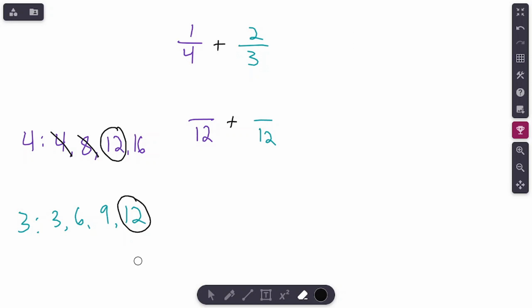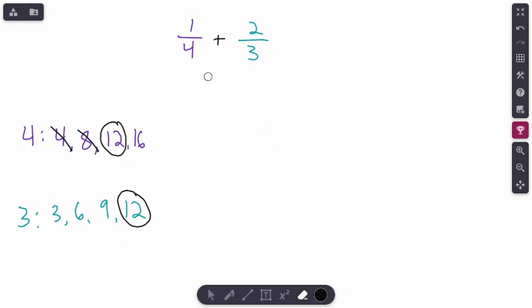Well, let me show you what is next. Now I'm going to rewrite this here because I want to make sure you can really see what I'm talking about. We know that the denominators for these two fractions need to be 12. Now here's the part where it can get a little confusing, but really follow along.